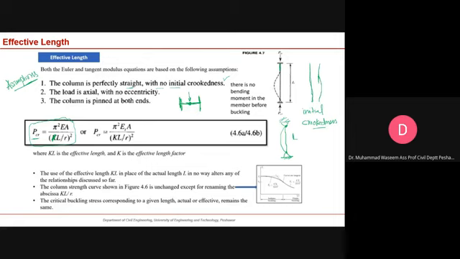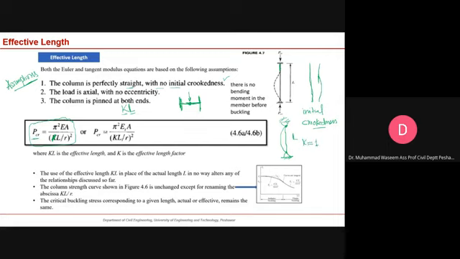In order to incorporate the support effect, we can introduce a term which is called effective length. Effective length is just a product of a k term with the length of the member. For a pin connected support condition, k is equal to 1.